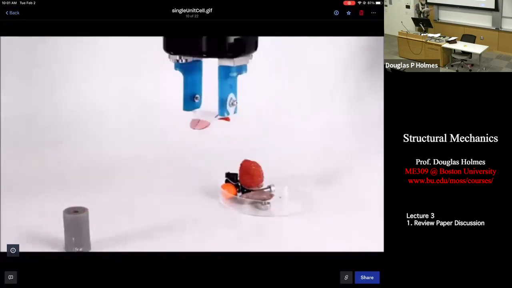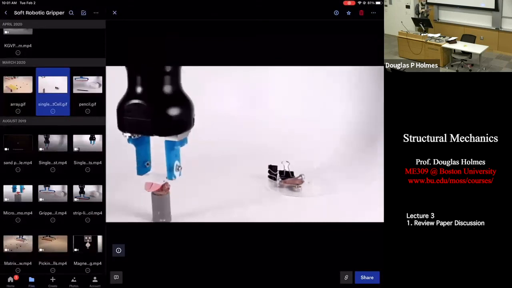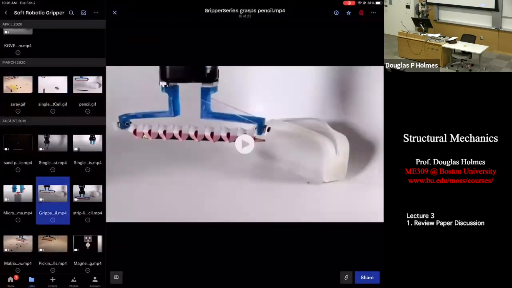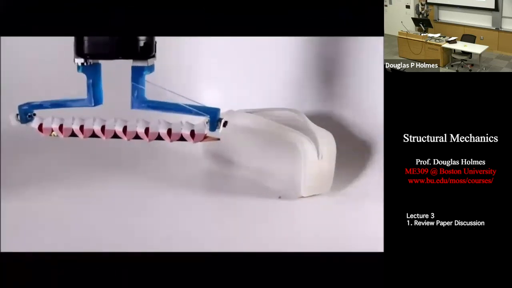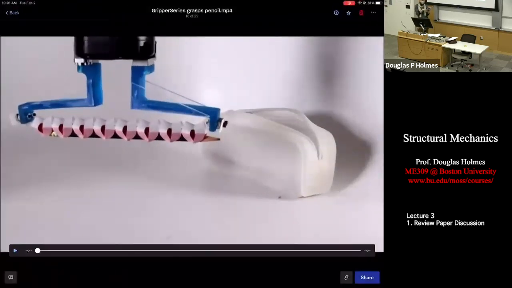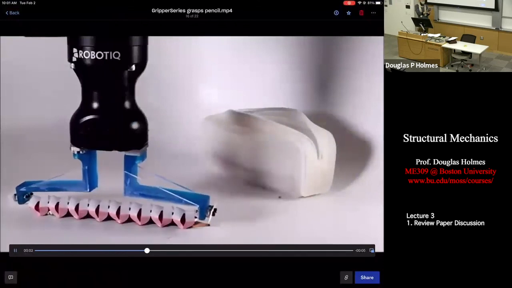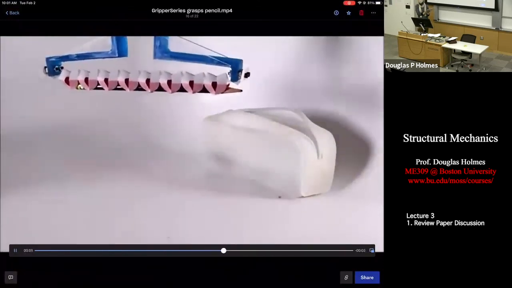You can take these objects and you can put them together in series. I guess the video kind of gives, the picture gives it away. And you can use it to pick up tricky objects like a pencil.